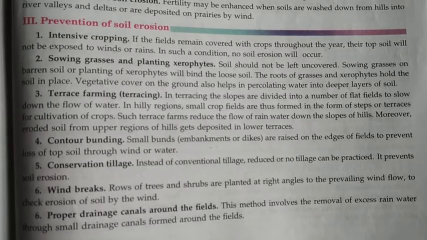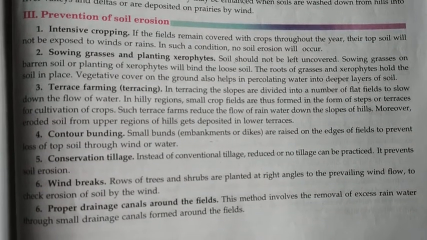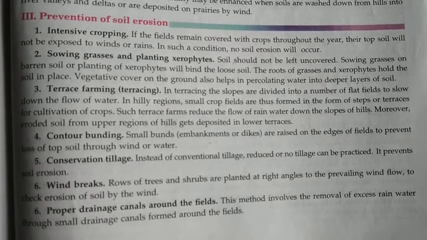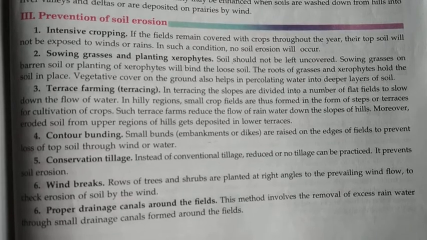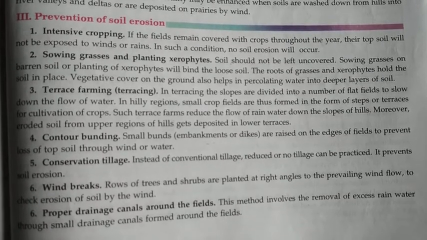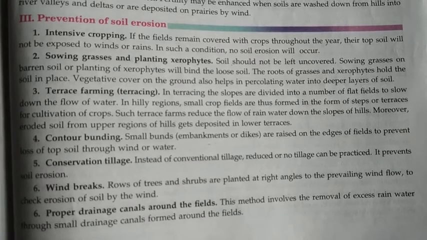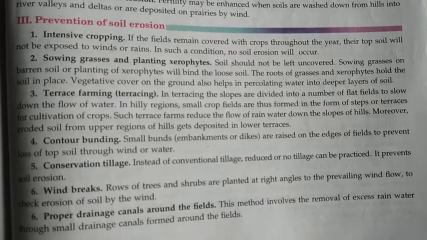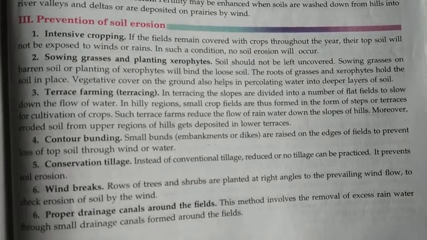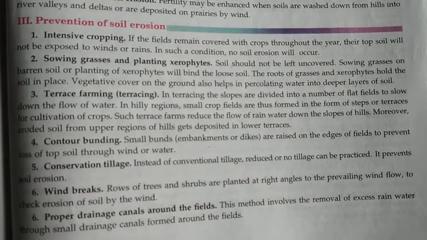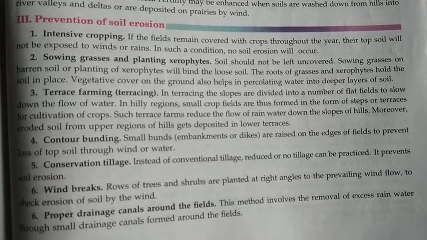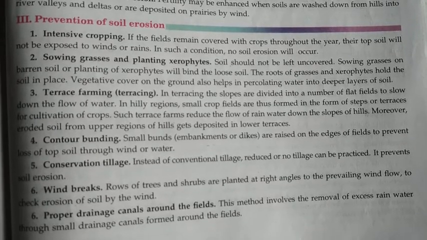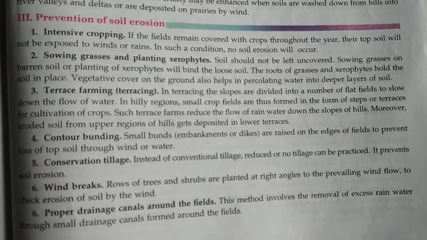We have to prevent soil erosion because soil is one of the most important natural resources. Most of the organisms living on this earth get maximum everything from the soil. Directly or indirectly, plants are growing in it. Soil is the main source for growing plants.